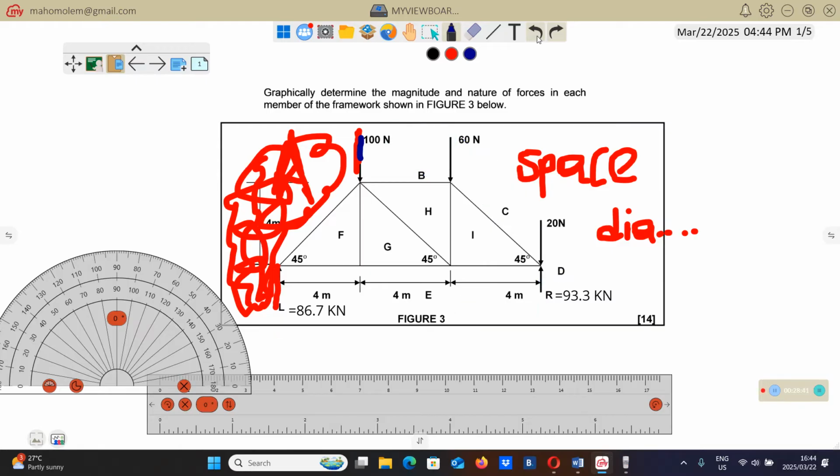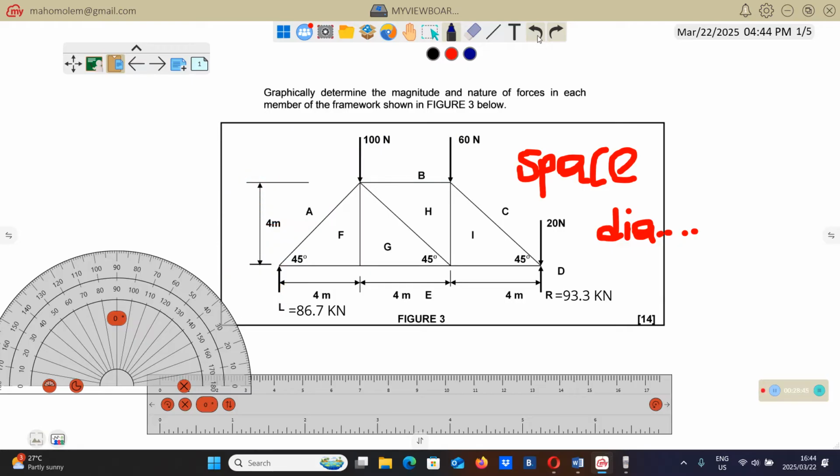If they are not named, you have to do that yourself. Luckily, in this question, they have already named the spaces for us. Then we have the external spaces and the inner spaces. These are the inner spaces, named F, G, H, and so on. We have to name those spaces as well.